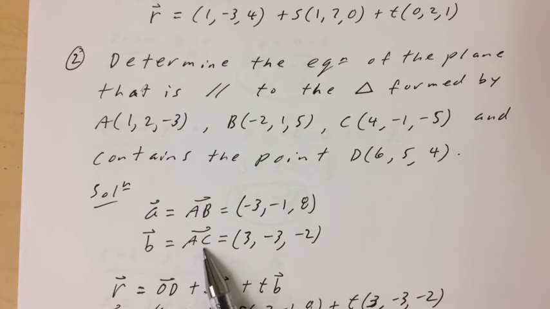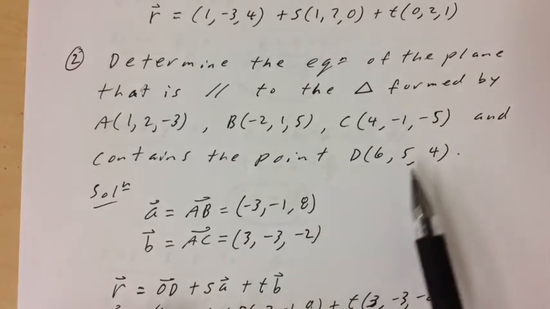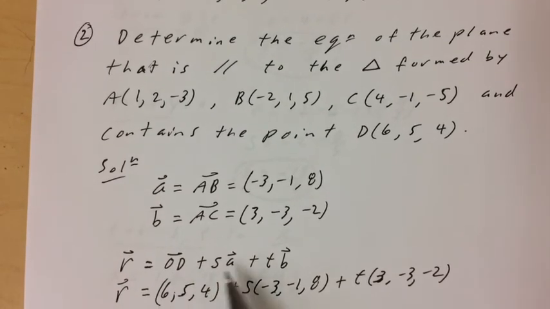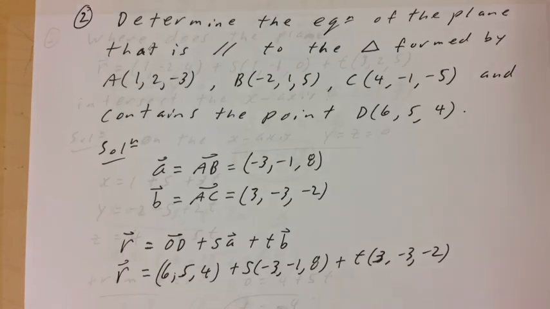And b equal to AC is going to be another direction vector. Okay, so AB and AC could be the direction vectors. It's got to be parallel to that triangle, so those are direction vectors. But it has to go through this point. So this point's going to translate it away from the triangle, not going to contain the triangle. Okay, so OD plus sa plus tb, and here are some of the coordinates that you plug in for that.